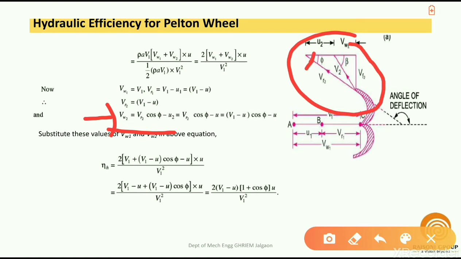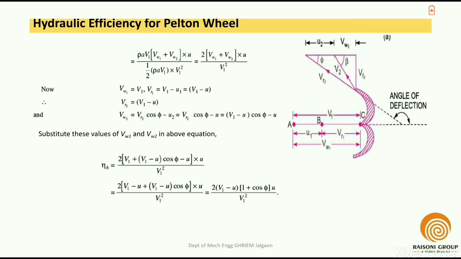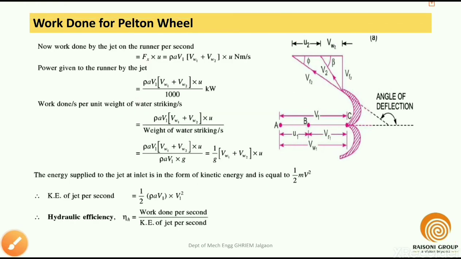We know that u2 is equal to small u. Now for vr2 cos phi, we have to find the value of vr2. We know that vr1, the relative velocity at the inlet, is equal to v1 minus u1. Here u1 is equal to u, hence it is equal to v1 minus u at the inlet.